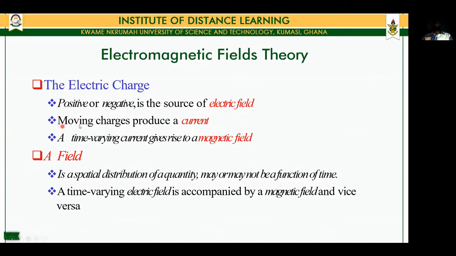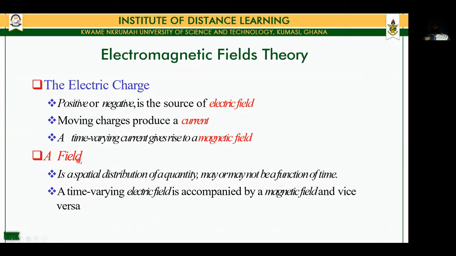We are also aware from circuit theory that moving charges produce a current. So if this current is time varying, as I indicated before, then it will give rise to a magnetic field as well. You remember I drew a bar with a solenoid or a coil around it, and if the current is changing, it will create a magnetic field in the bar. And therefore, you can have electric field and magnetic field coexisting. And so we have electromagnetic field.